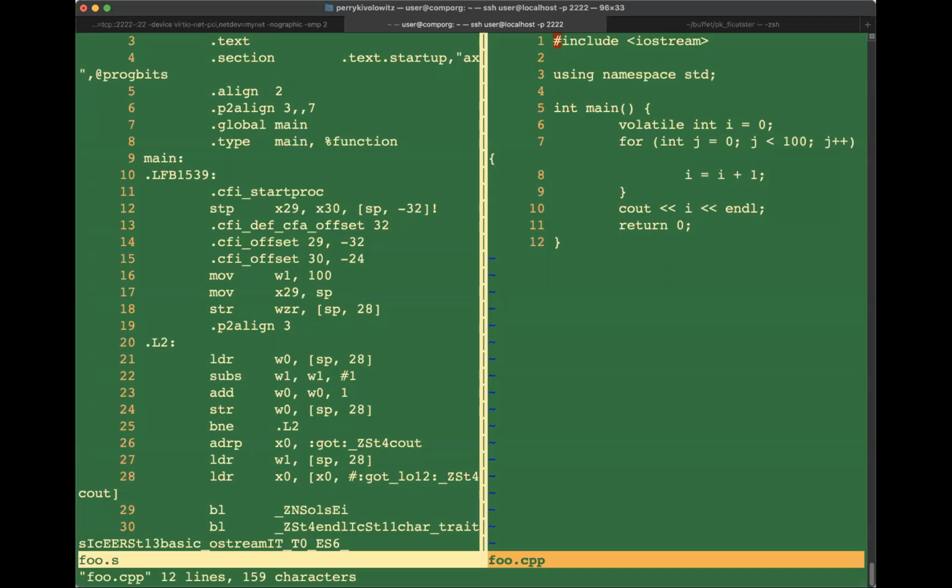So before, the optimizer said, hey, there's no side effects of that loop, so I'll just figure out what the end answer is. And isn't it faster to just jump right to the end than go through the loop? The word volatile says, I can't do that. The optimizer is not allowed to touch any code that has to do with a volatile variable.